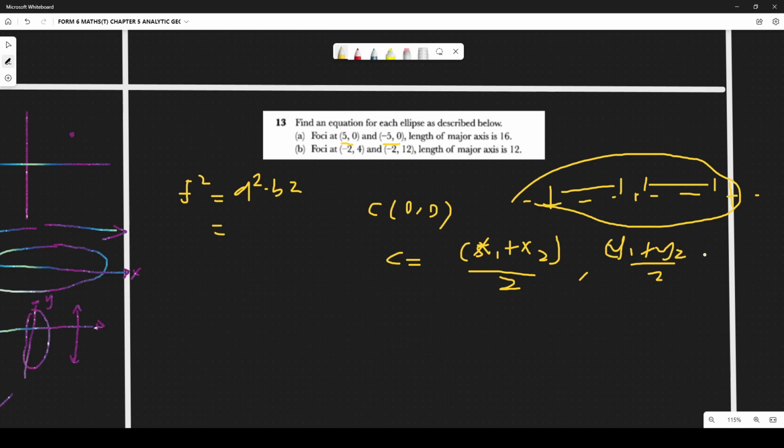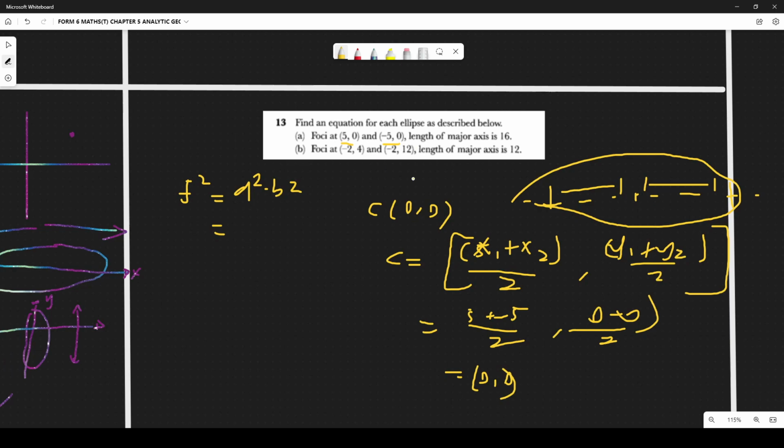This is like form 4, form 5 stuff. So 5 plus minus 5 over 2 and 0 plus 0 over 2 gives 0, 0. But if you look at the answer itself, you already know it's 0, 0. Same thing. You already know the center.